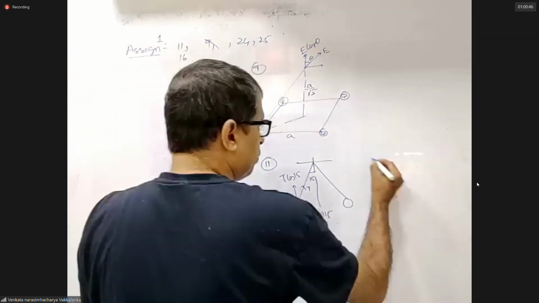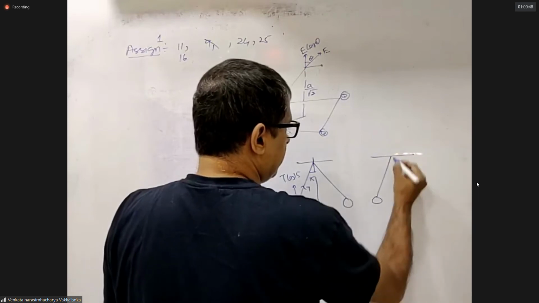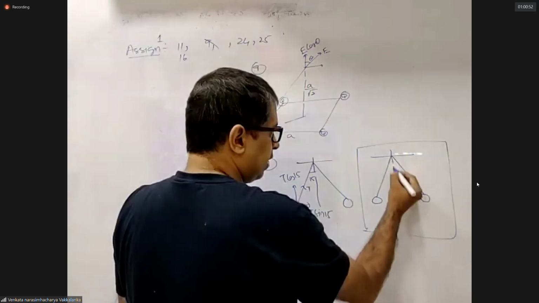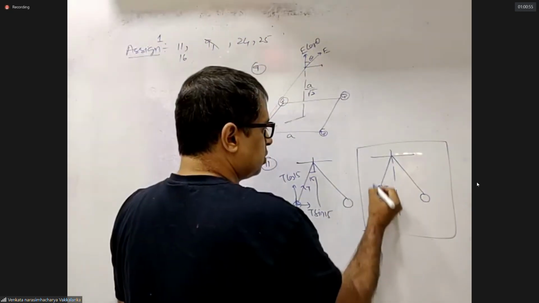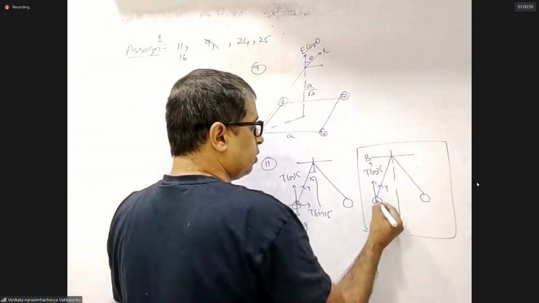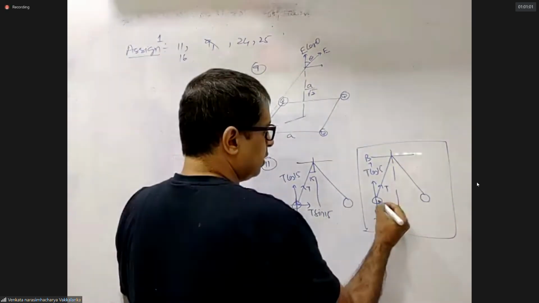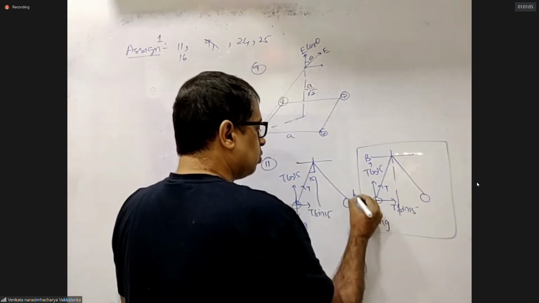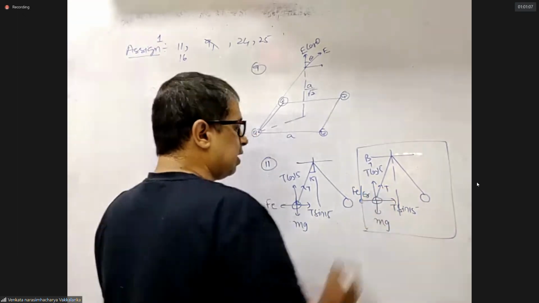Suppose I dip this in a liquid of density something, the angle remains the same as in the question. T cos 15 plus buoyancy, don't forget that, is mg. This will be T sin 15. This will be Fe by epsilon r.